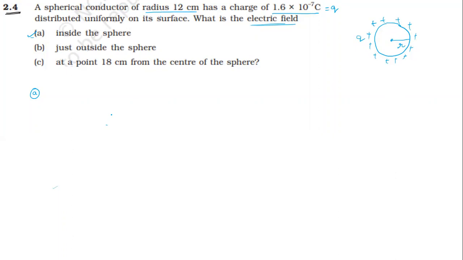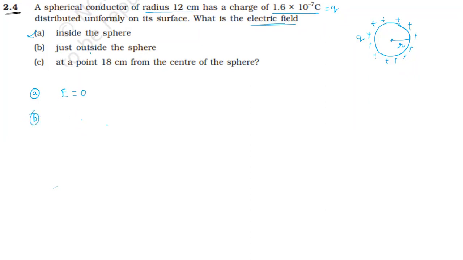The potential will remain constant inside and the electric field will be 0 inside, since there is no excess charge. The charges inside arrange in such a way that the electric field becomes equal to 0. So inside there is no calculation required. I can straight away write electric field is 0. So that's the first part.